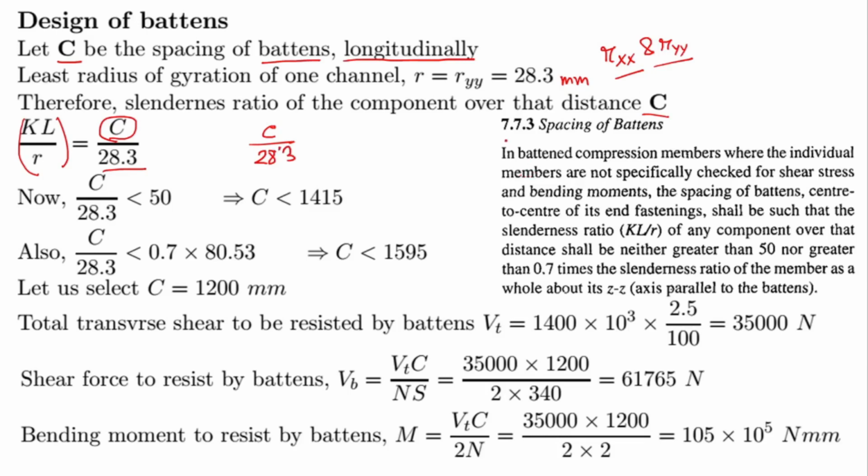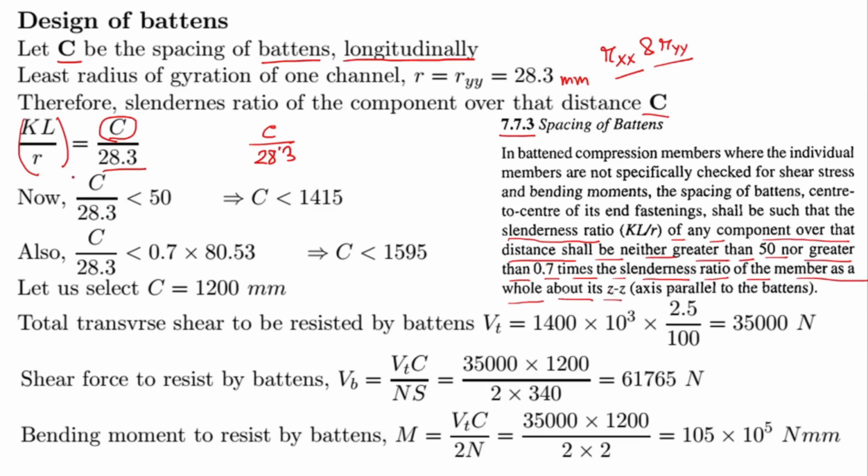Now, if you see the clause number 7.7.3 of IS 800:2007, which gives the spacing of battens. If you see the clause, the slenderness ratio of any component over that distance shall be neither greater than 50 nor greater than 0.7 times the slenderness ratio of the component as a whole about ZZ.